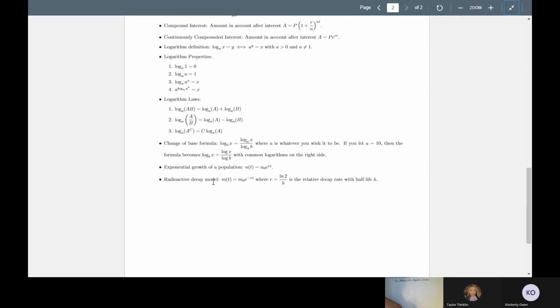And I've also got a radioactive decay model, which is super interesting, but it's like chemistry, so we won't. I'll replace this one with the exponential growth for doubling time for a population. In other words, if you've got bacteria that grows by splitting or whatever. So I'll be changing that.